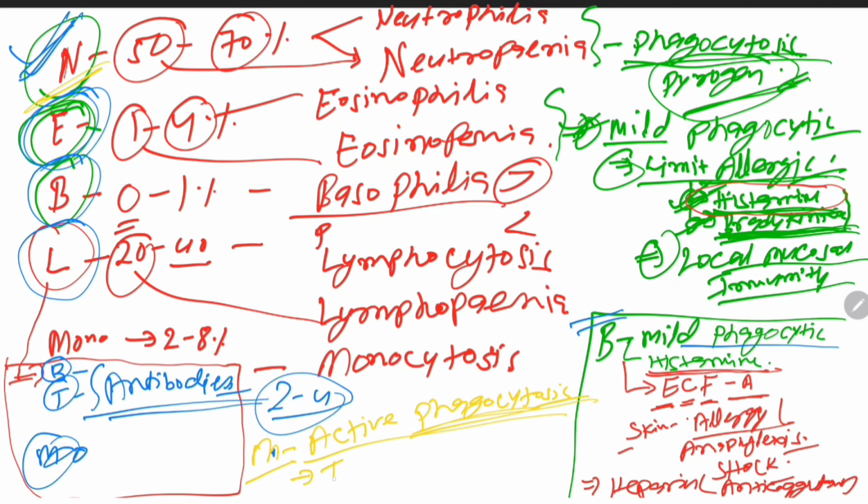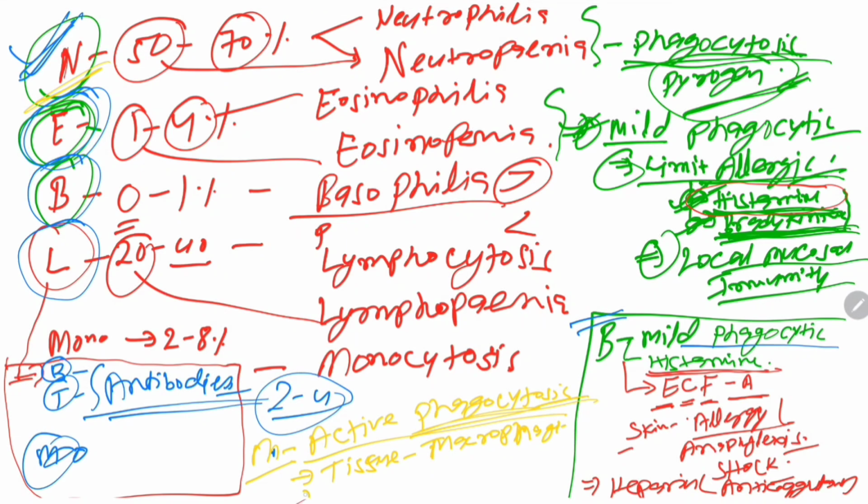When it enters the tissue space, we call it tissue macrophage, or you can say macrophage, and its life will increase. In the blood, lifespan is very short, a few days, and in the tissue space, life will increase. And the most important thing in our body is that it kills tumor cells. It acts as a second line of defense of our body.